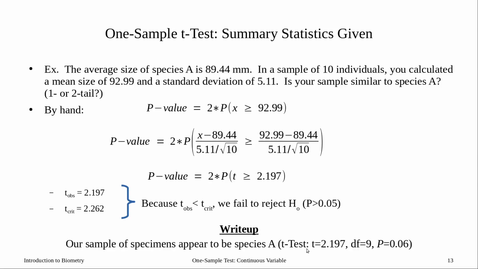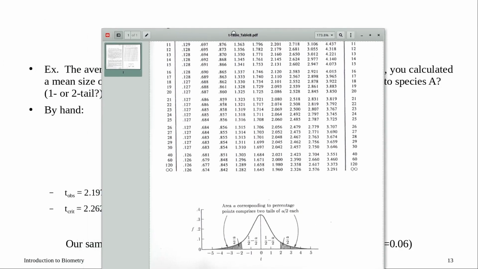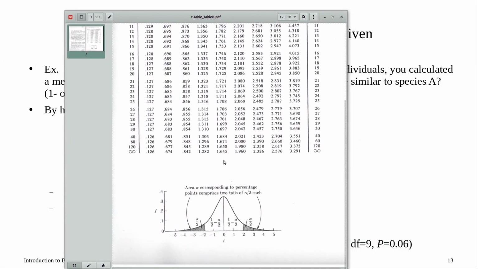We ran a t-test. Our t-statistic, our t-observed, is 2.197. That's what we calculated. Degrees of freedom is 9. P-value, I listed as 0.06. Now I did this because I know what the p-value is from R, but we could also get a better approximation.